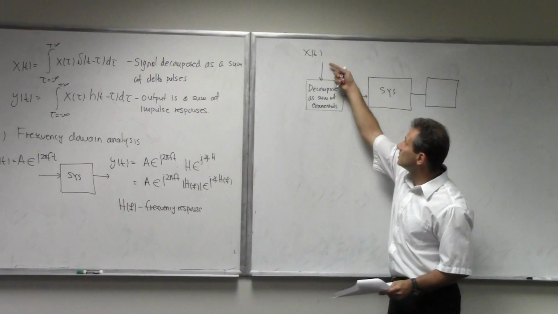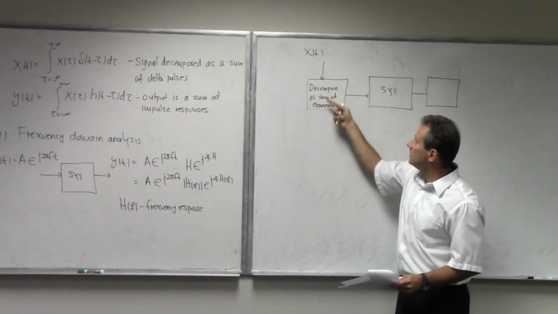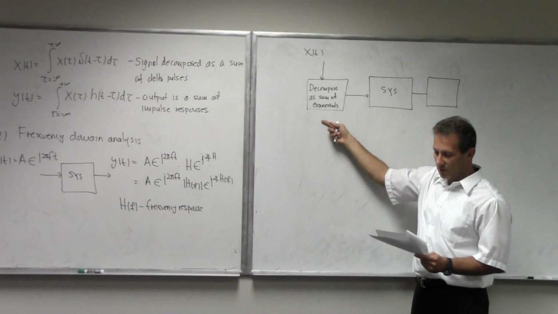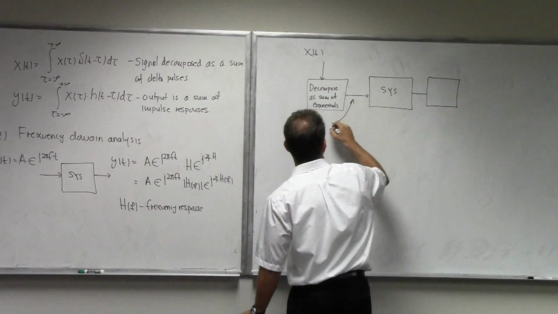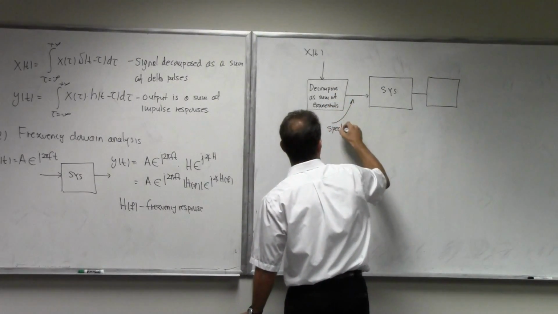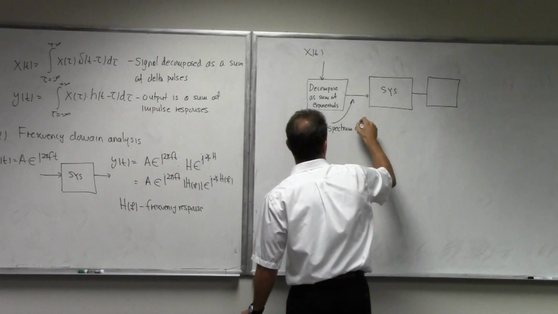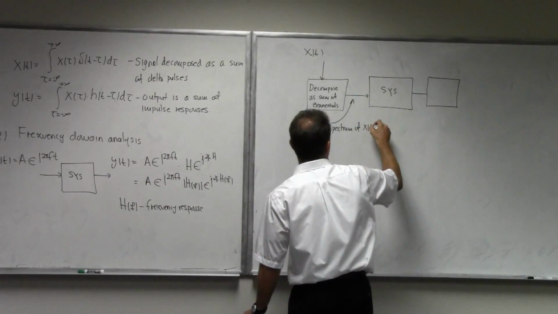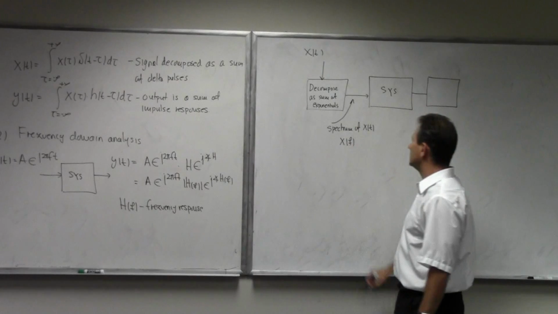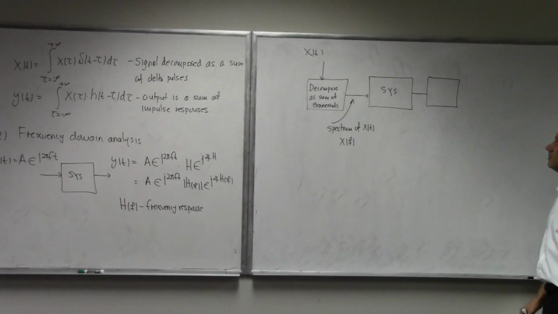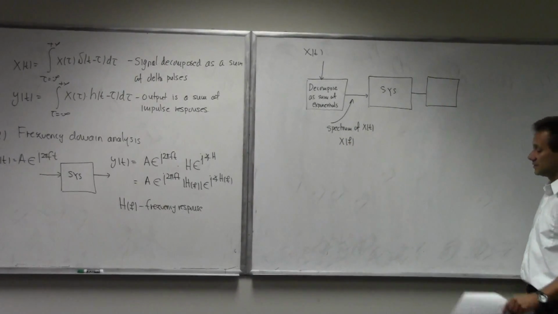So in essence, we're taking x of t and decomposing it into a bunch of exponentials. In this case, we get what we call the spectrum of x of t, which is actually your Fourier transform or Fourier series, or whatever it happens to be, depending on what x of t is.